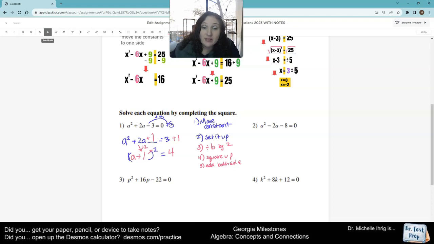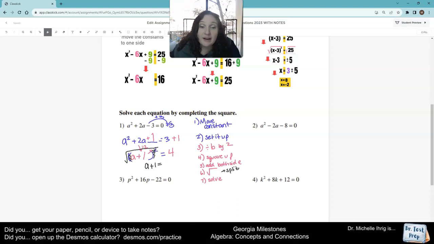And finally, we take the square root, and then we solve. For the square root, super easy. This whole thing just crosses off, so we're just left with a plus 1. Then I call it the square root split.